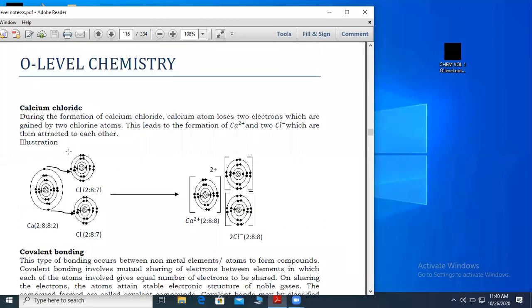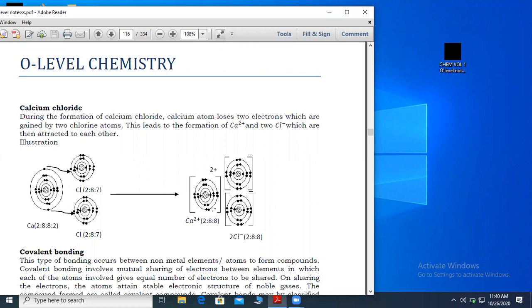Now, there are cases like this one where calcium is combining with chlorine, but one chlorine atom needs to gain one electron, whereas calcium needs to lose 2 electrons. So in that case, you add another atom of chlorine such that they become 2 to cater for all the electrons that are going to be lost by calcium.